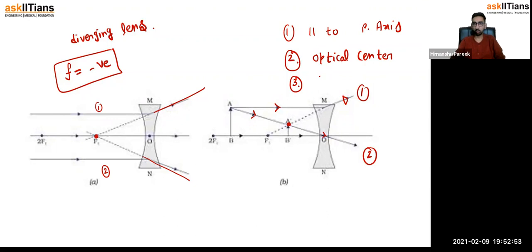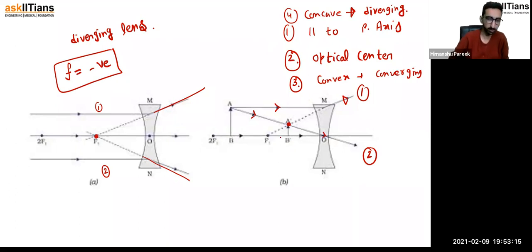Okay. And also remember that convex lens is converging and concave lens is diverging. So these are the 4 points which we can remember, and we will be able to draw all the rays, all the image formations with the help of convex and concave lenses.